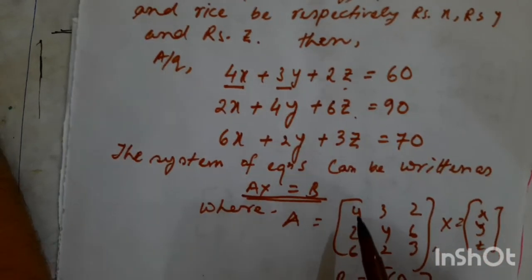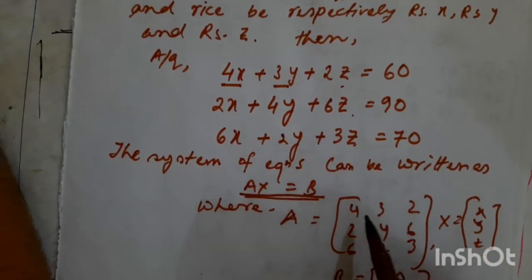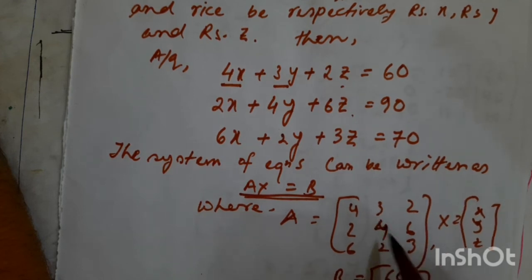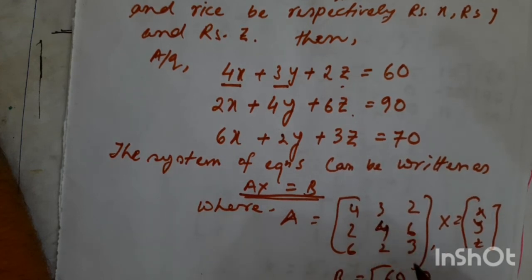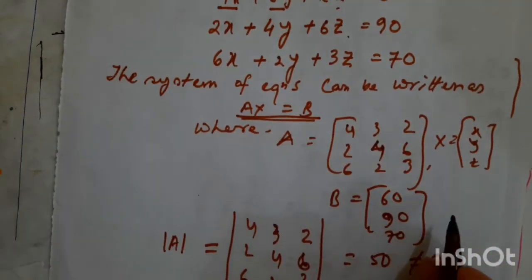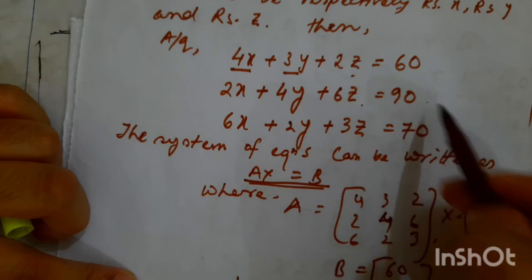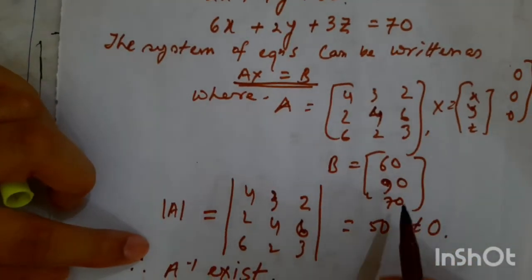The system of equations can be written as AX equal to B, where A is the coefficient matrix of the variables. From the first equation 4 3 2, 2 4 6, 6 2 3, and X equal to x y z, and B will be the constant terms 60 90 70.